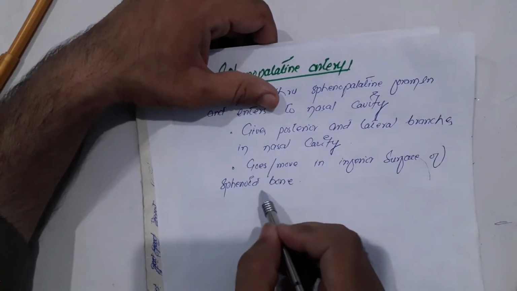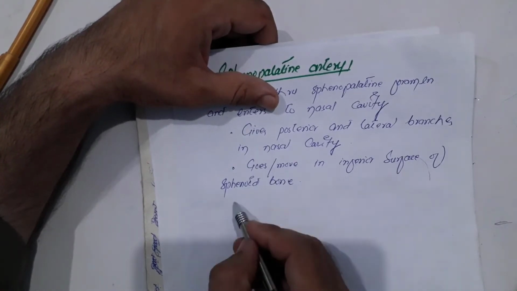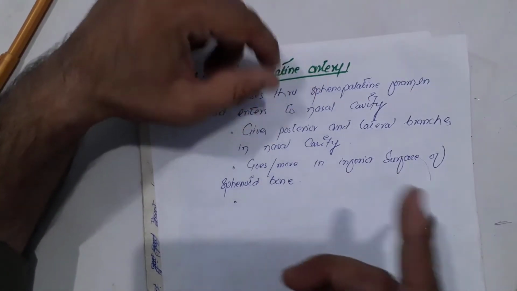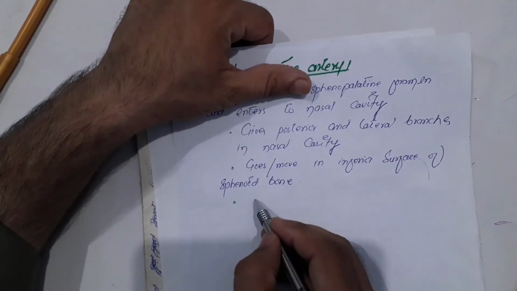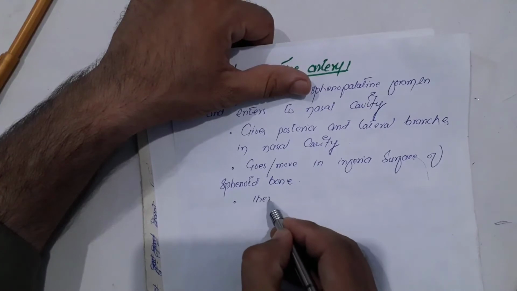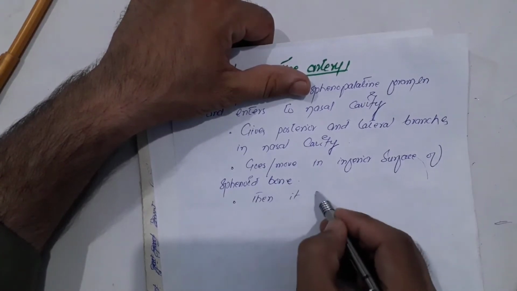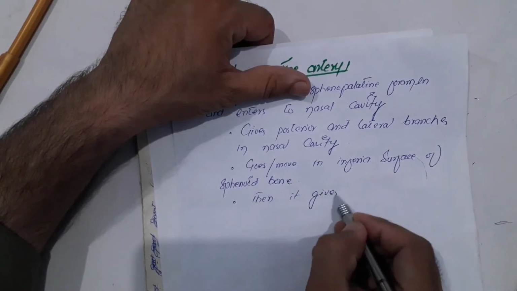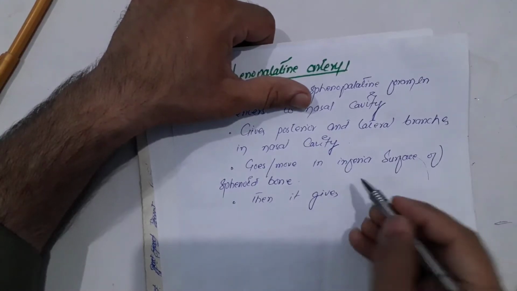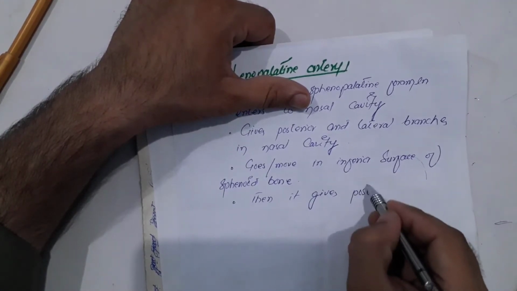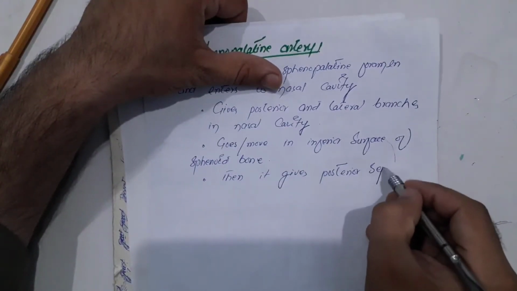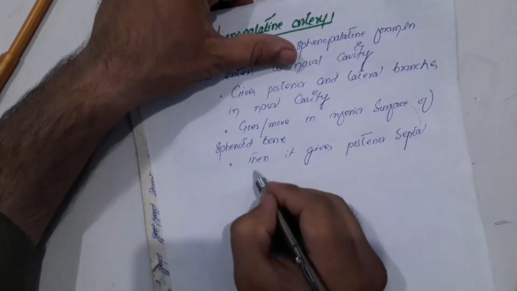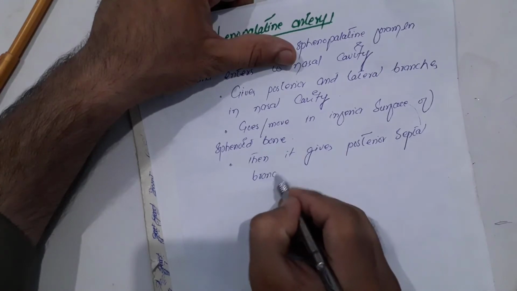And when it goes to the inferior surface of the sphenoid bone, this artery gives small branches called the posterior septal branches, right?